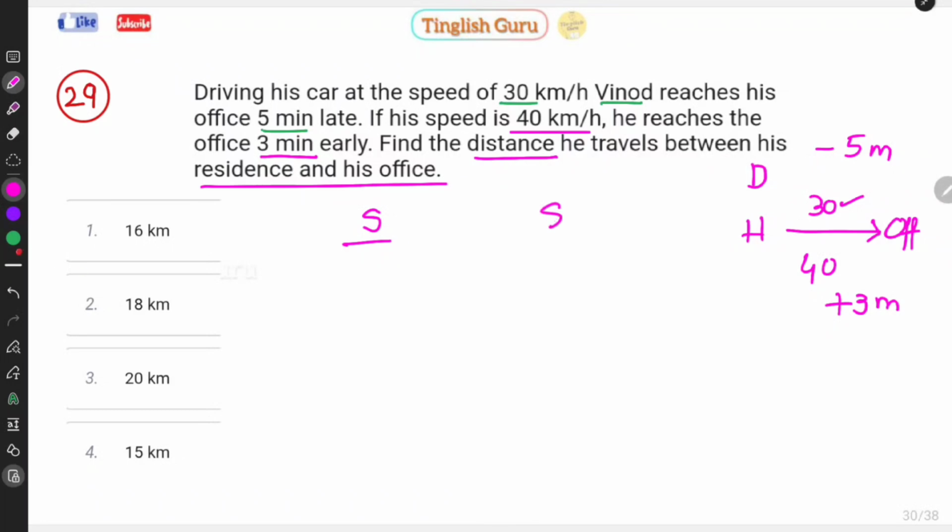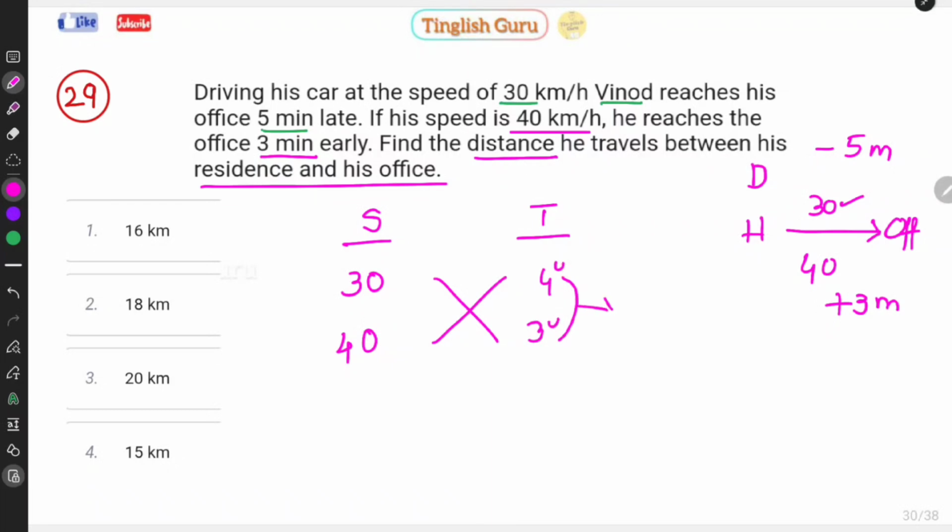In this kind of question we have to solve like this. Speed and time: we know the speed is 30 and 40. Then the time values will be in inverse ratio. What is the inverse ratio? 40 and 30. So cancelling, we get 4 and 3. So I am writing only 4 and 3. Now this is nothing but 4 units and 3 units.